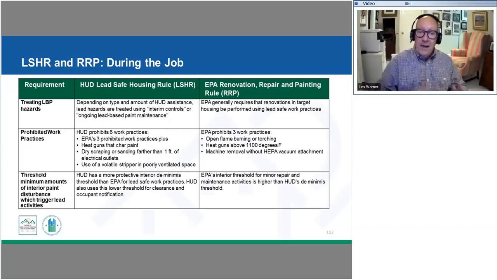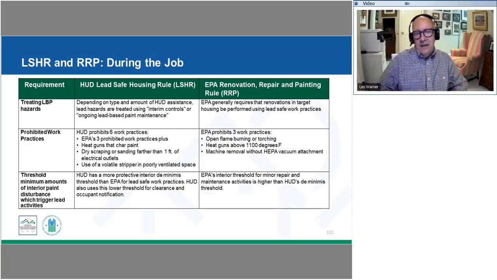The lead-safe housing rule has those three, but it also has additional ones. Heat guns that char paint are not allowed. Dry scraping or sanding is not allowed farther than 1 foot from electrical outlets. And use of any kind of volatile stripper in a poorly ventilated workspace is prohibited, which creates a whole separate hazard on its own.